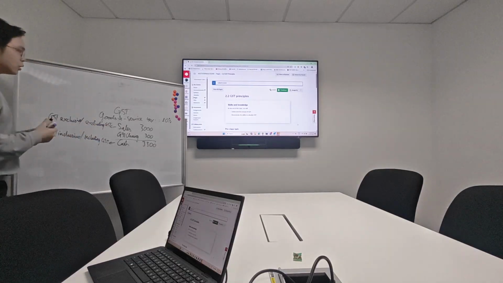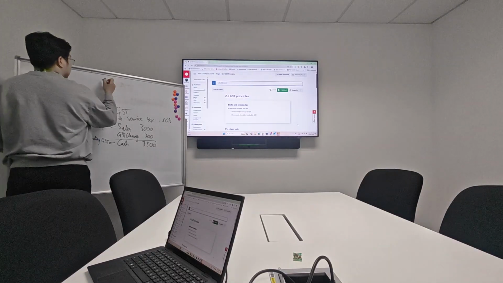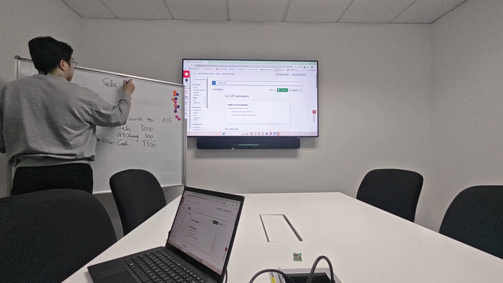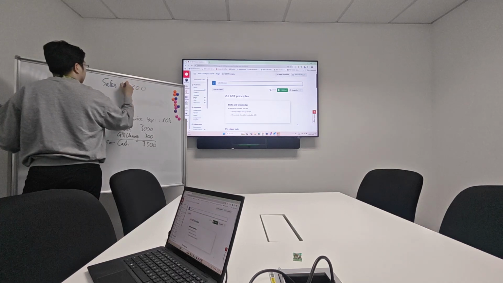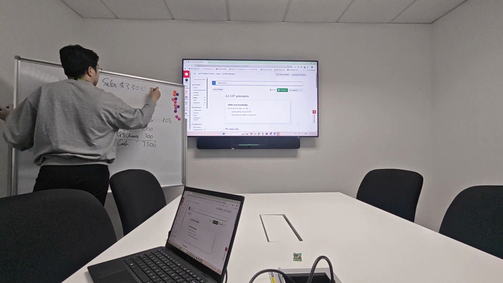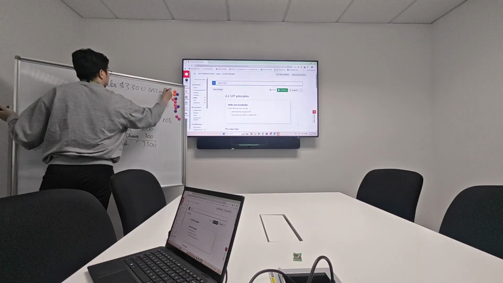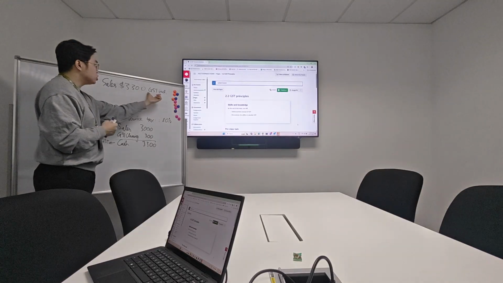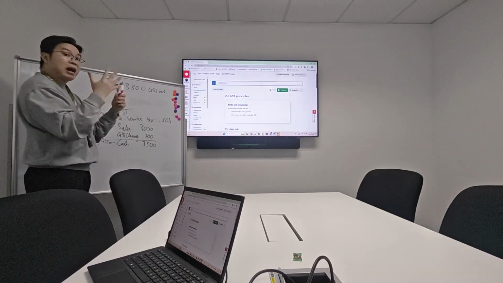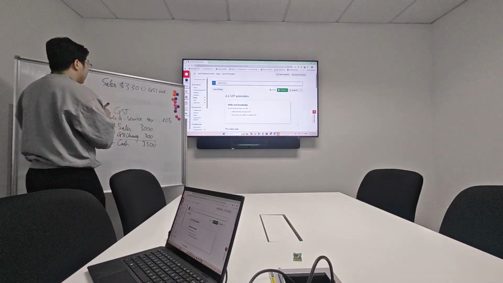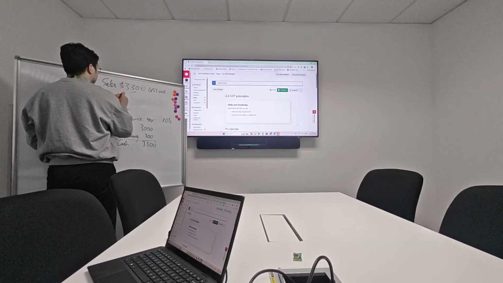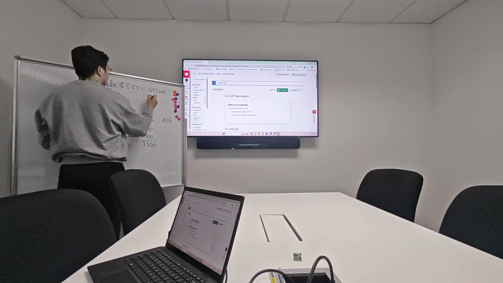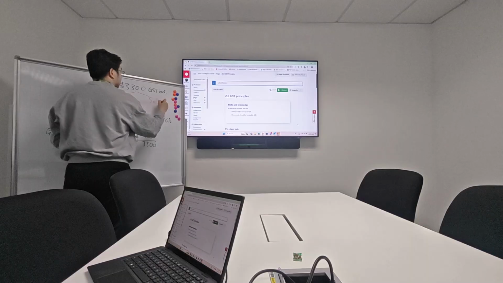We might phrase the question as the sales is $3,300, GST inclusive. So when you see this number and it says GST inclusive, you have to figure out how much of this is GST clearing and how much of this is the sales itself.